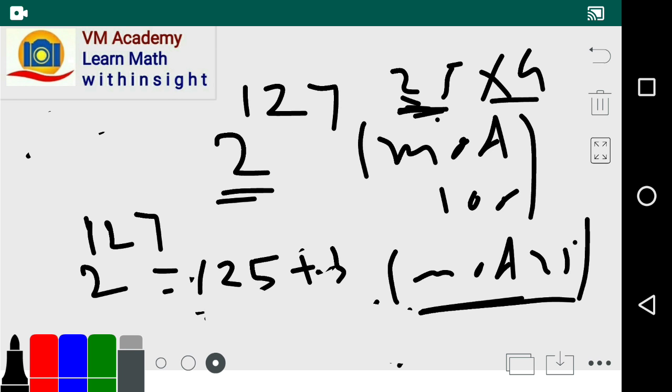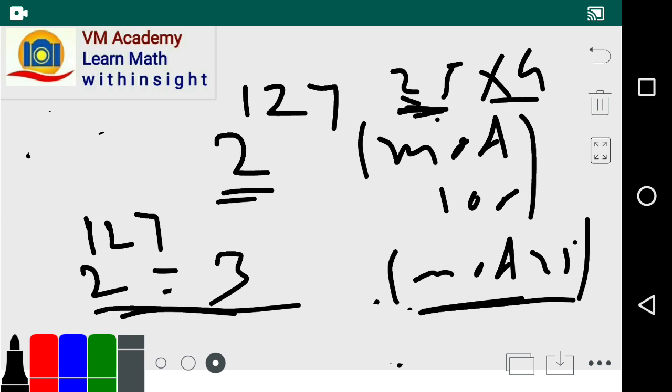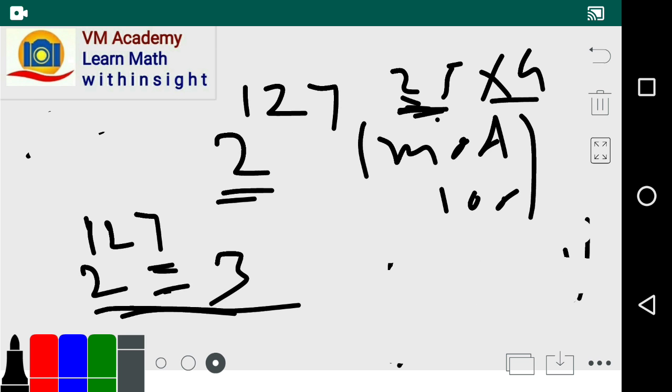Now 125 is a multiple of 25, so we can replace it by 0 because it is congruent to 0. So 3 is our remainder, friends. Now 2 raised to 127 is congruent to 3 modulo 25.